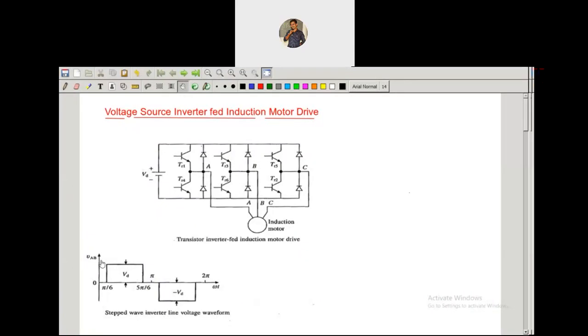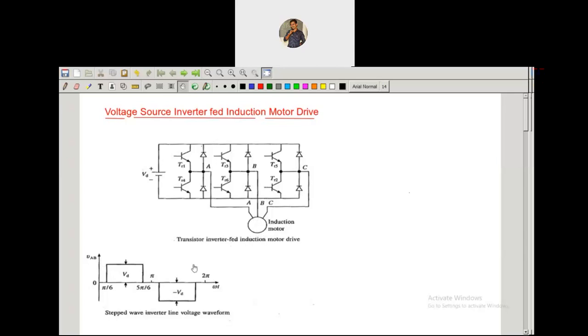Let us assume that the induction motor is connected in star. With that assumption, we are going to find out the line voltage as well as the phase voltage.